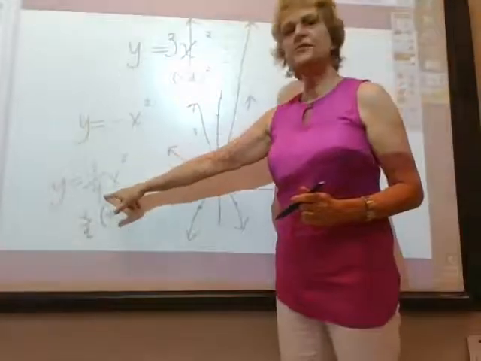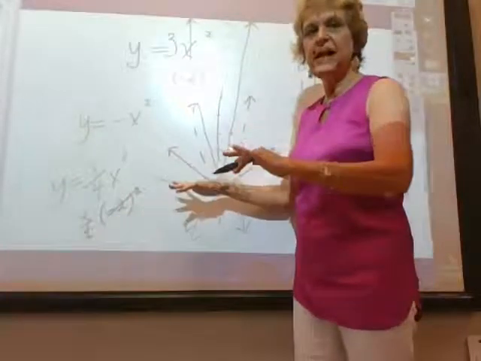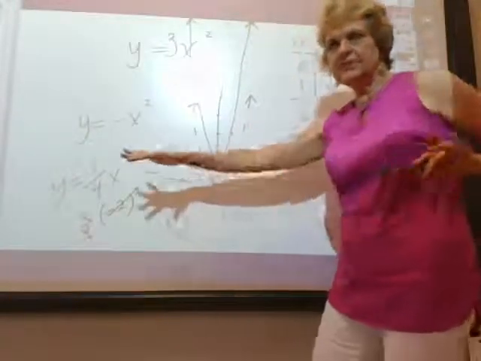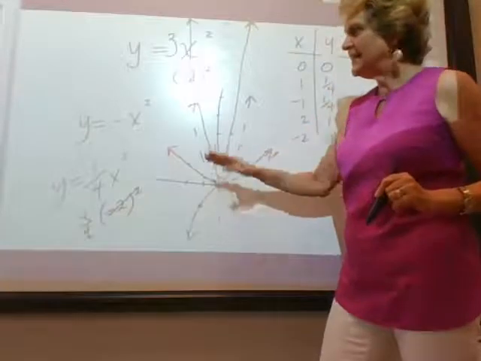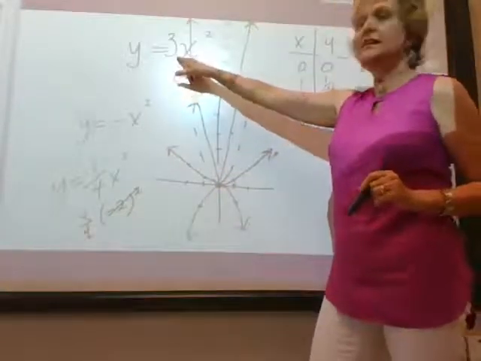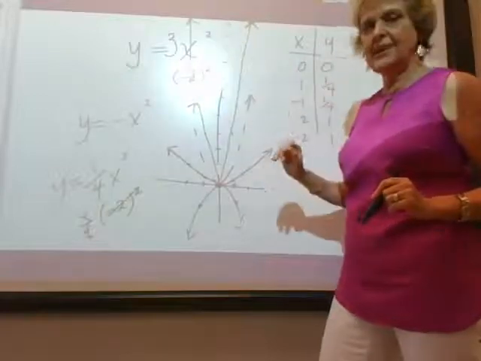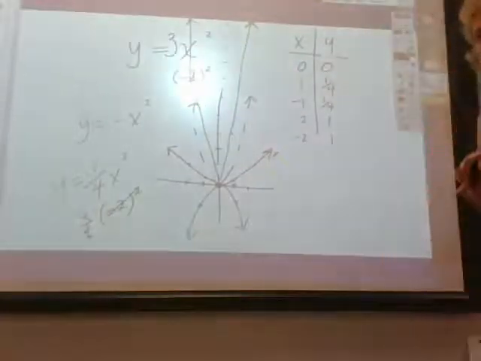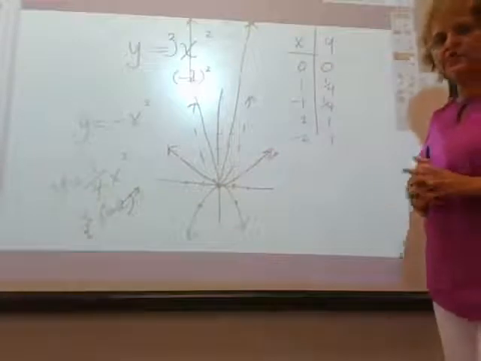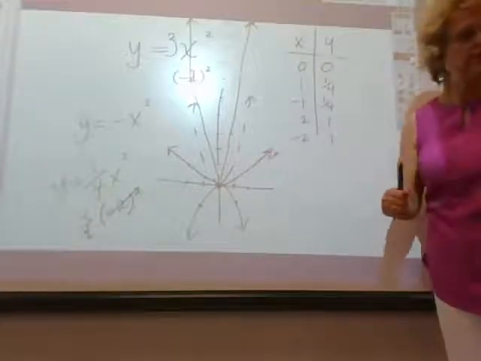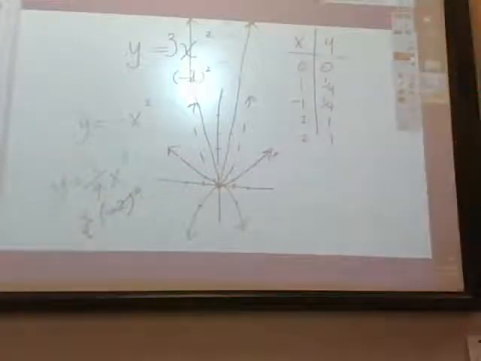So when a fraction is in front, it's going to flatten and get kind of fat and flat. But if it's an integer, it's going to be taller and thinner. So that's the basic things that I want you to know about quadratic functions. There's a lot more, but that's all for right now.